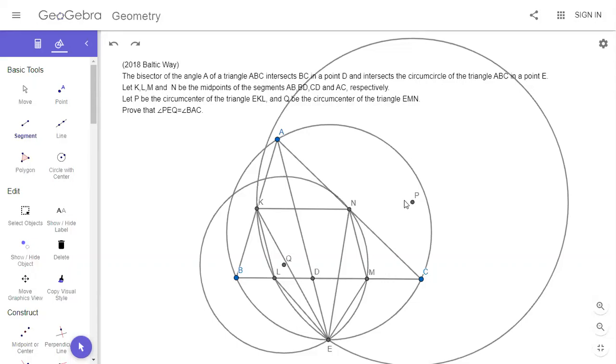This is a really weird problem. I guess one thing I could try is extending. What if I... No, I don't think that does much.